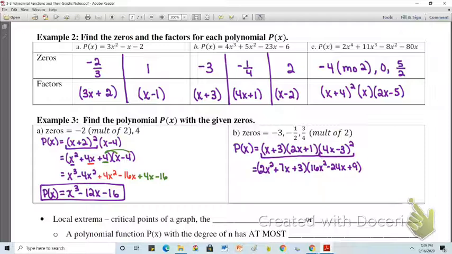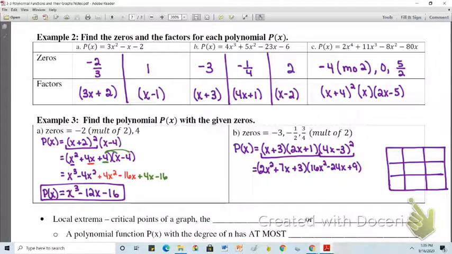From here, you could go ahead and distribute the same way we did on A, or you can use the area model. Sometimes I find it is easier to do that over to the side, so I know for sure I don't miss anything. So I'm going to do that over to the side and show you what that looks like.